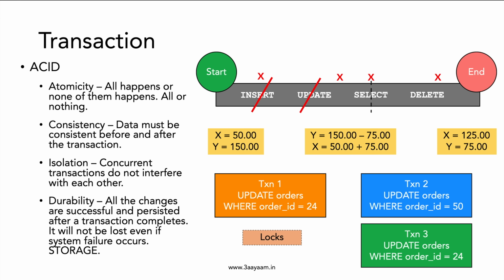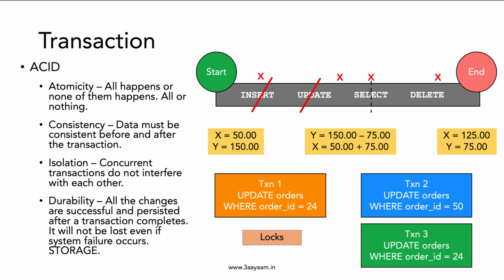So whenever someone asks whether the database is ACID compliant or not, it means whether the database system supports atomicity, consistency, isolation, and durability. If one of these features is not supported in a database, that database is not ACID compliant. So it has to be all of them.